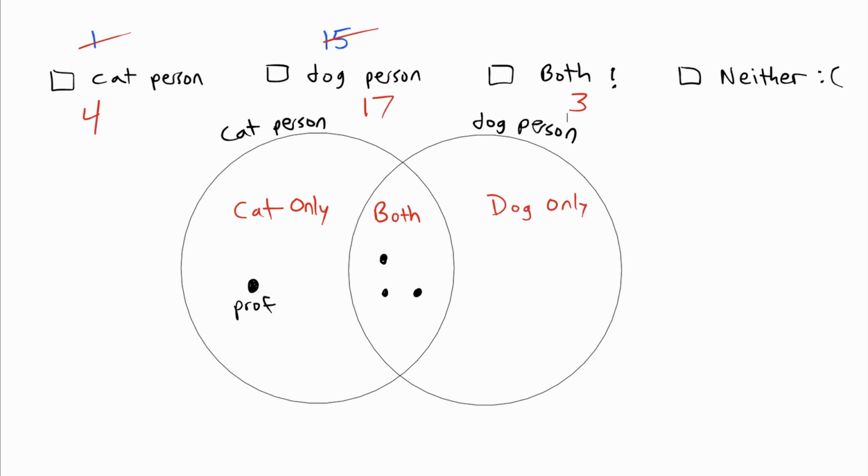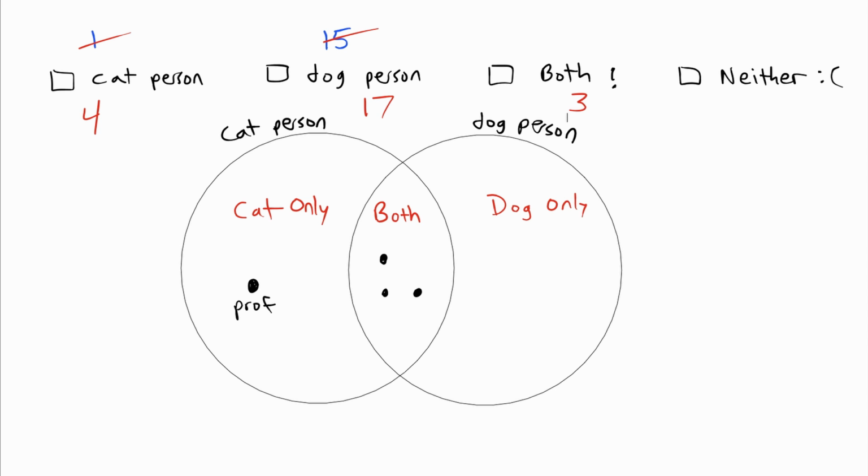Does the diagram make sense now? Yeah, so far it does. All right, so question for you. How many dots should I put in the dog-only region? It's a tough question. You have to do a little subtraction to do it.